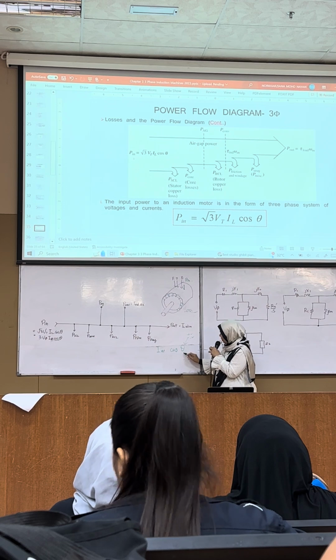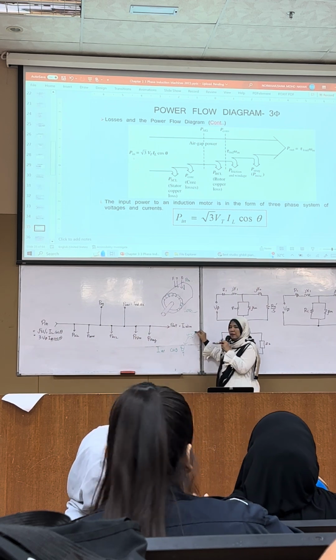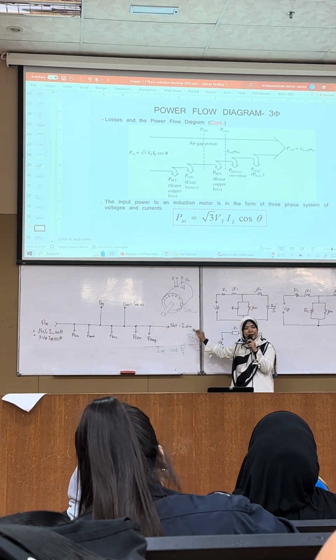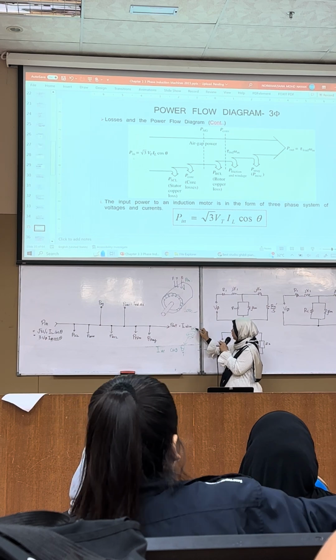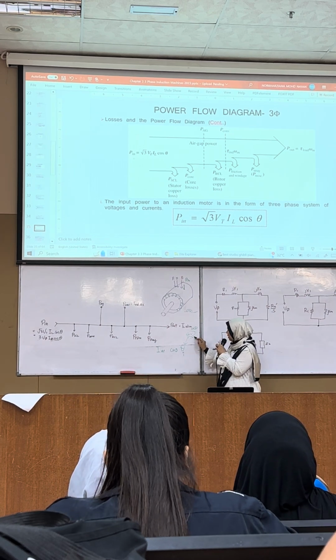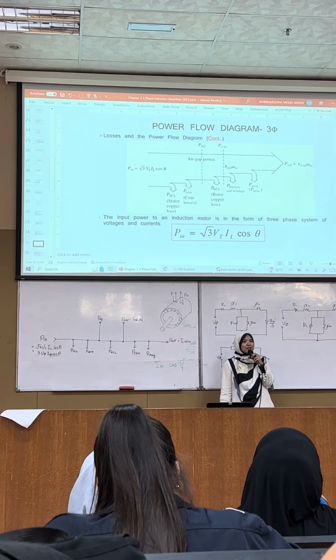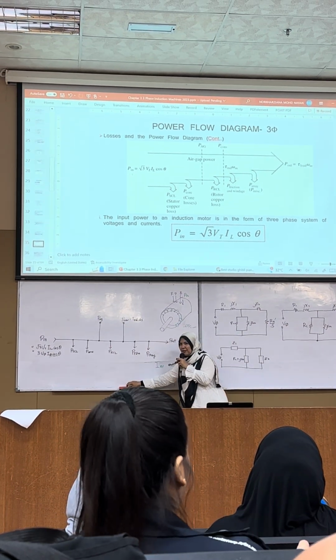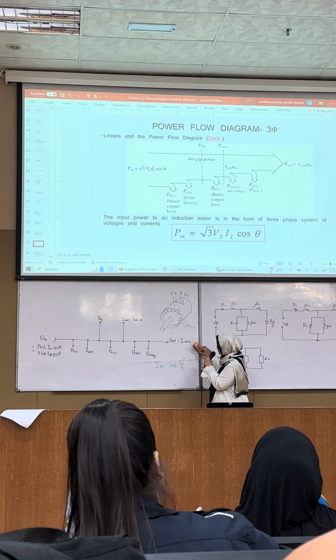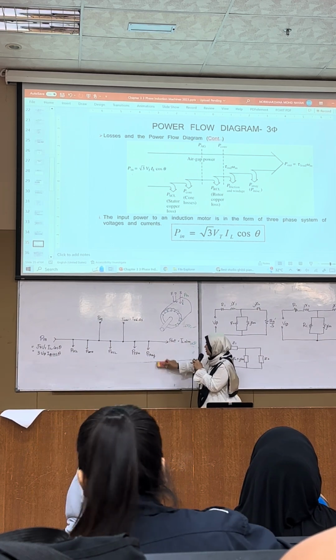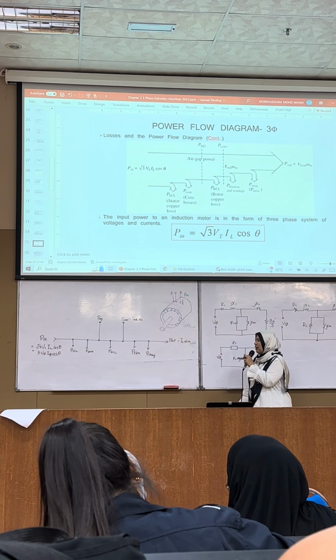When the angle is positive, it operates as a motor. But when this angle is negative, it shows that the machine is operating as a generator. You will see this in the synchronous machine later.